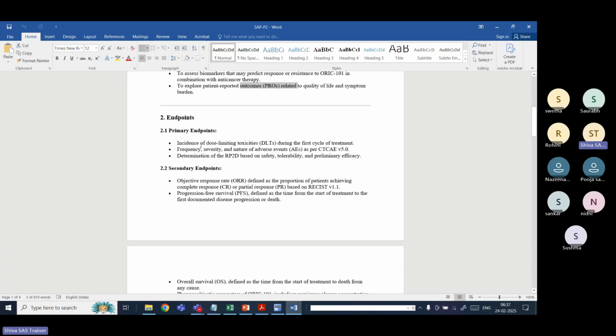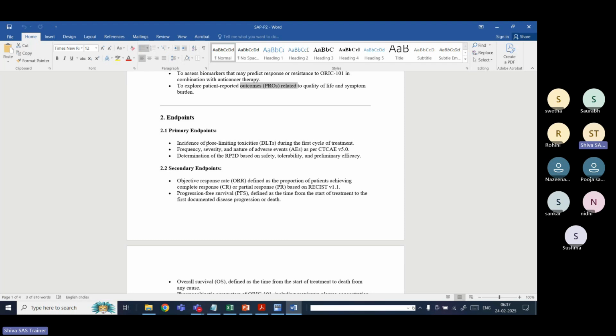Endpoints are about whether the subject is able to take the drug safely, meaning the dose limiting toxicity, how much dose the subject is able to take safely. For example, paracetamol 500 mg is the maximum and best dose to take, and it will give you maximum benefits.